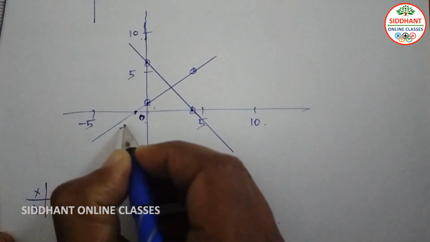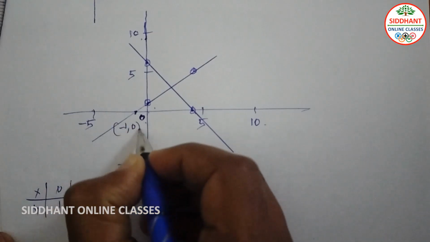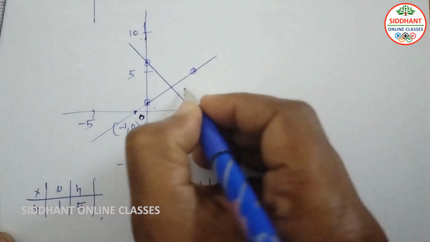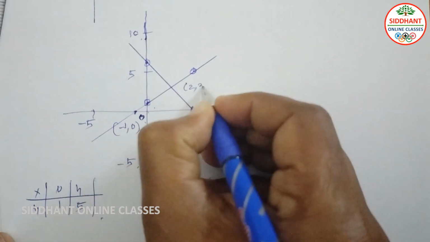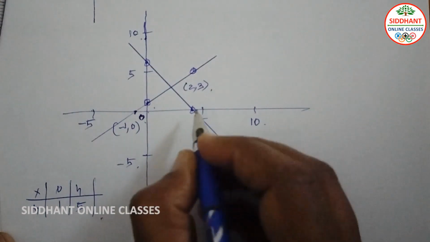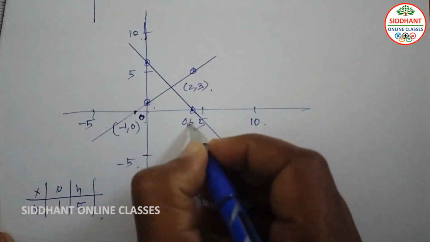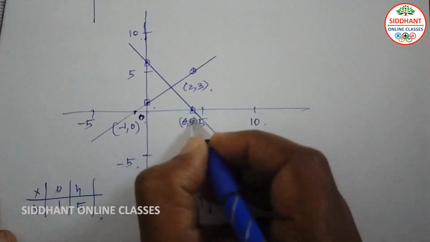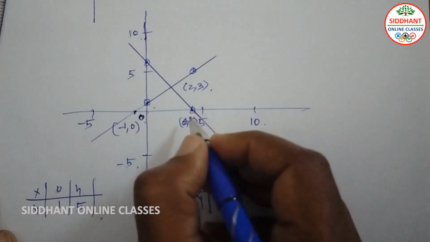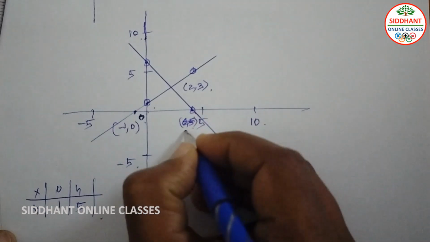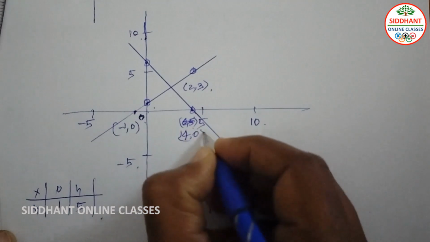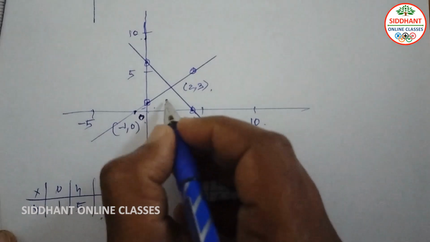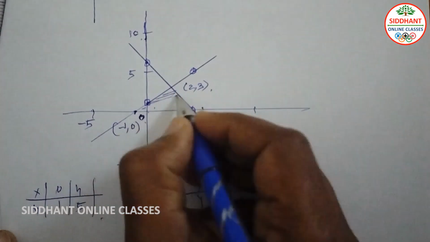Here this is -1, 0, and here it is 2 and 3. Here it will be 2 and 3, and this is 0, 5. No, this is 4, 0. So this is 4, 0. So this is the triangle part we are going to see.